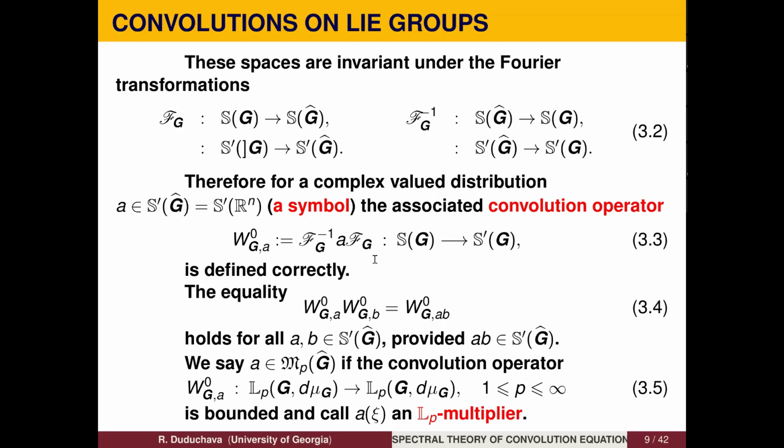We say that A belongs to the multiplier class MP on the dual group if the convolution operator maps LP space to LP space on the group. As usual, multiplier in the case of classical Fourier transforms.